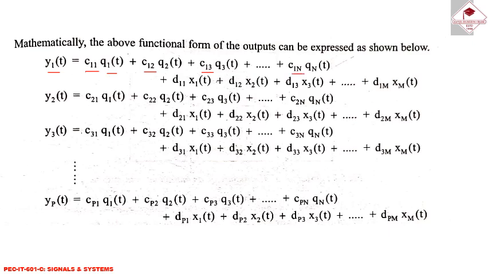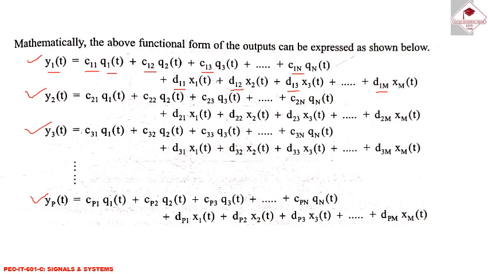That means the q part is associated with c, and the x part is associated with d, that is d11, d12, d13 up to d1m. In this manner for each and every case, that means for y1, y2, y3 and also for yp, you are going to expand the total series in terms of c and in terms of d.